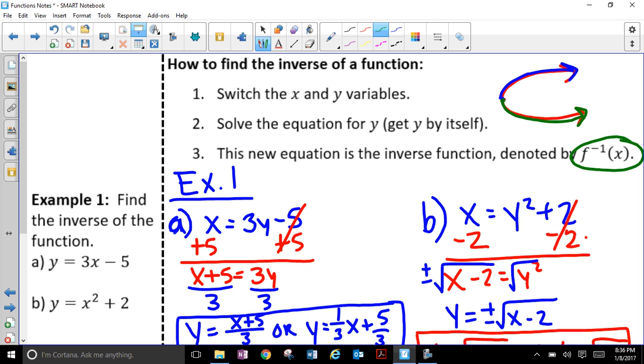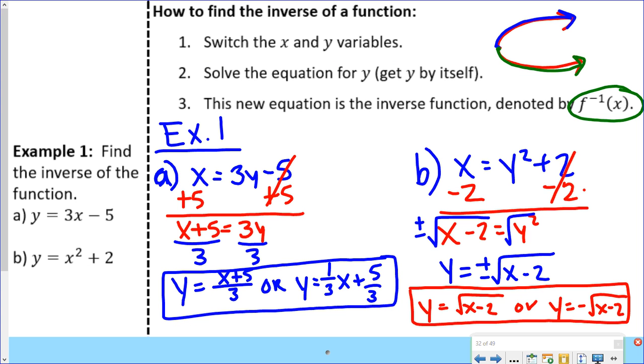Okay, so down here on my answer, we don't know which of these would be the top part and which would be the bottom part of this sideways parabola, unless you actually graph it. But we have to write them as two separate answers. You can't have them together. It's either y equals the square root of x minus 2 is the inverse, depending on any restrictions.